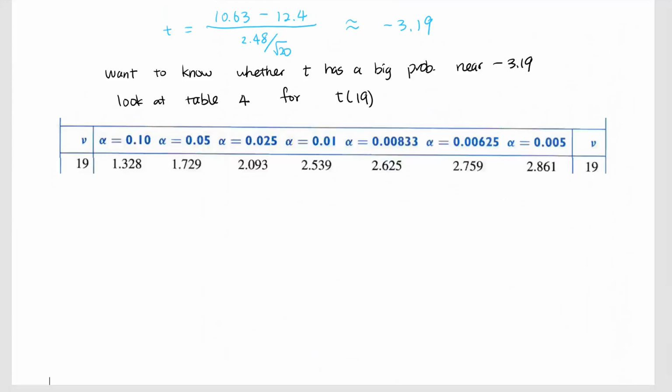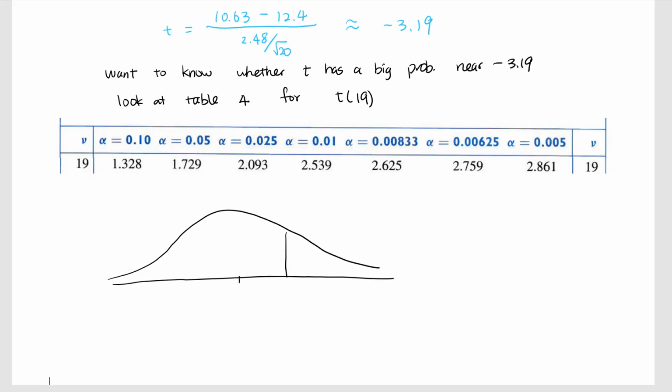If I draw the picture, here this area is 0.10, and this t alpha value is 1.328. The next area is 0.05, and this t alpha value is 1.729.